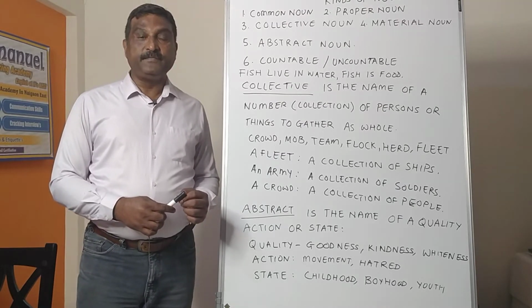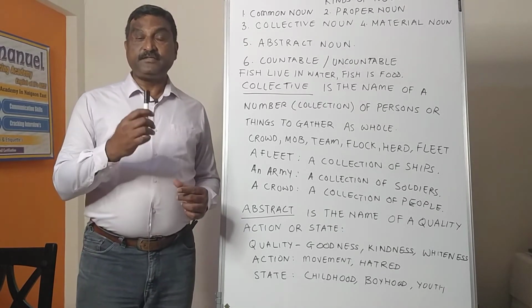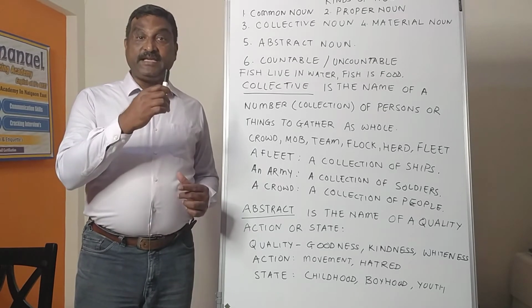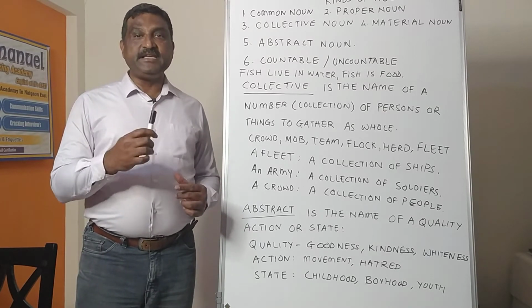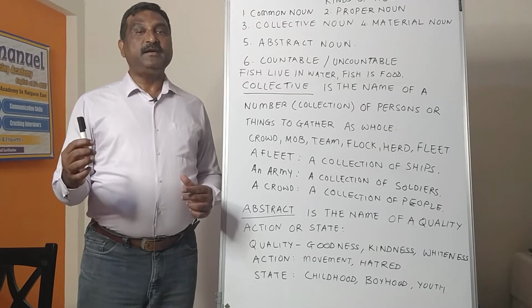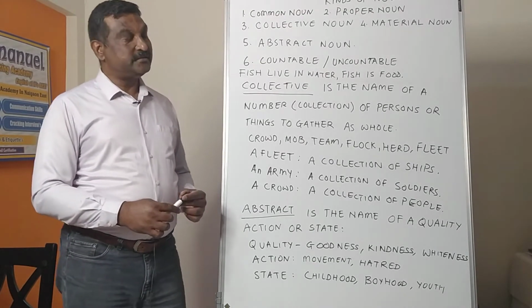For example, my name Edmund, the first letter will be a capital E, and the rest of the letters will be in small letters. Okay? That's what a proper noun is.